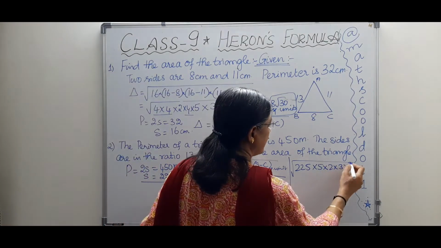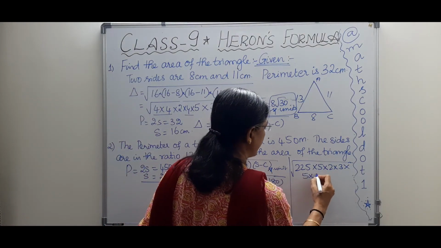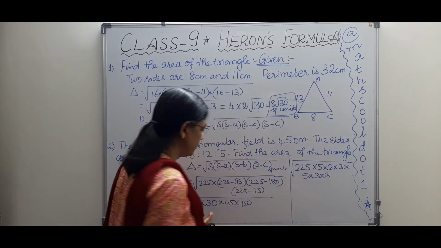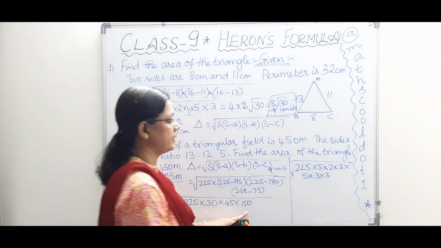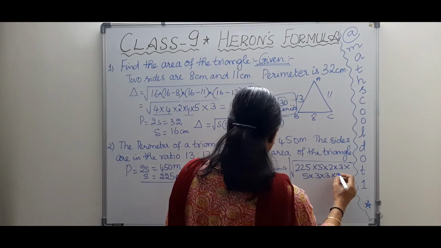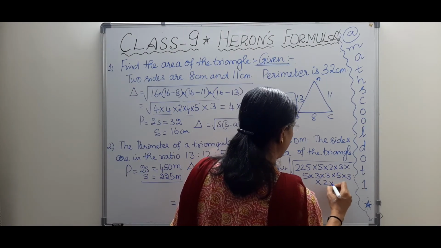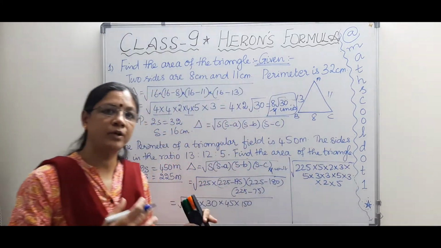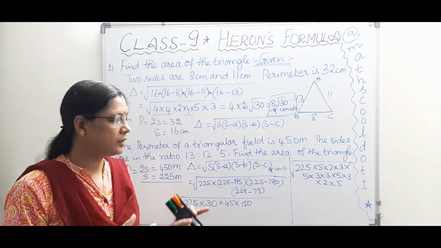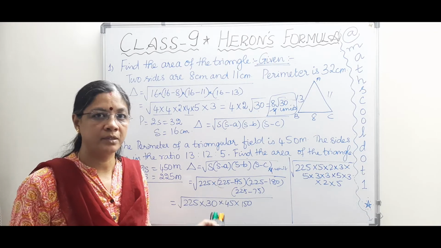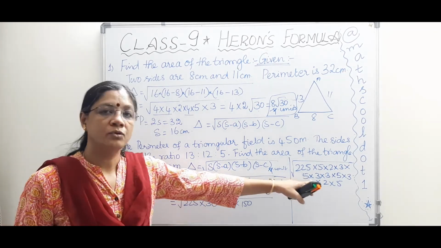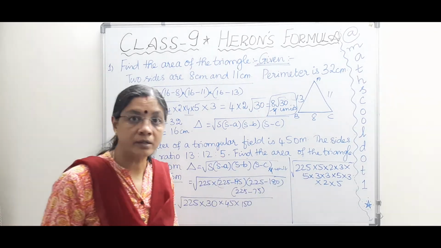For 45 I can write 5 into 9, so 5 into 3 into 3. For 150 I can write 15 into 10, right? So 5 3s are 15, and for 10 I write 2 into 5. So I have reduced all the things into simpler numbers, that is prime numbers. I have prime factorized, so that it is easy for us to find the square root.